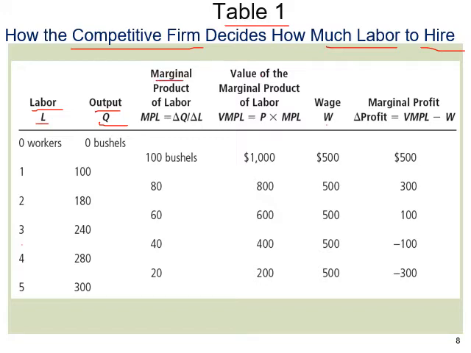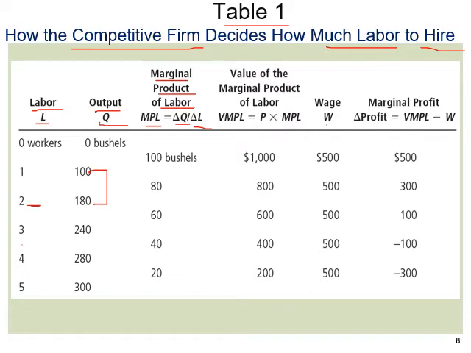Column 3 is the marginal product of labor, MPL, which is the change in Q divided by the change in L. For instance, the marginal product of adding a second worker equals the quantity of apples produced by two workers, 180, minus the quantity produced by one worker, 100.